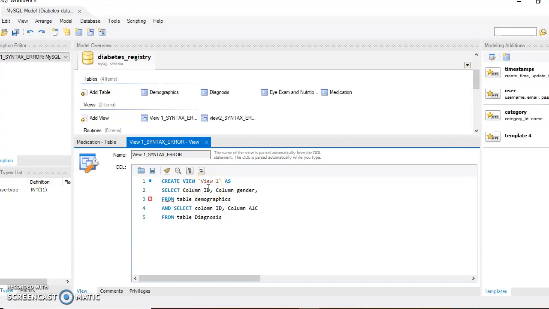So we're excluding name and date of birth. We are including gender because we want to know whether these patients are male or female. We're pulling their A1C levels, and we're also pulling their diagnosis, which means whether they have type 1, type 2, or gestational diabetes.